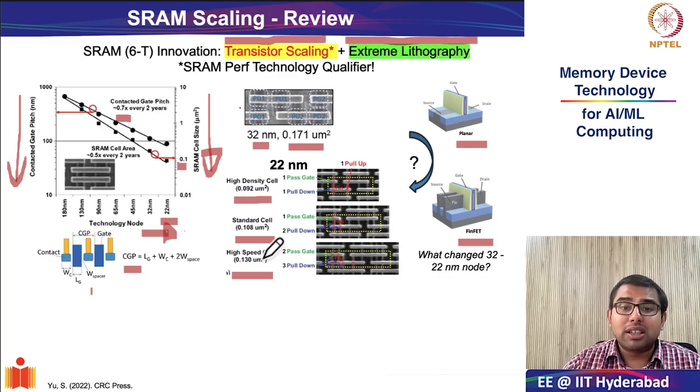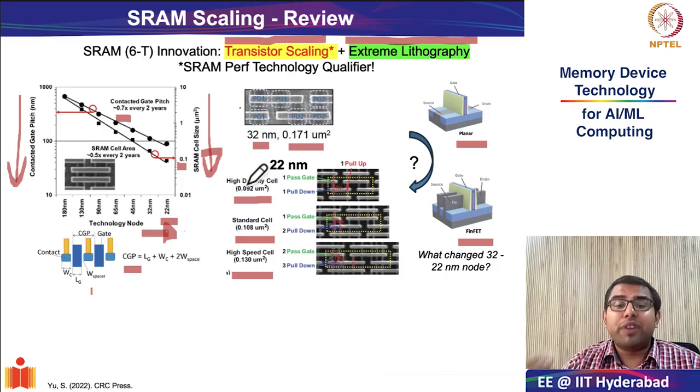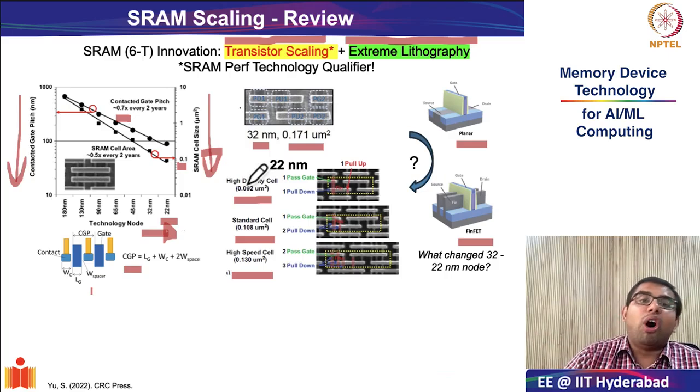A larger number of fins will give you a larger area, but also a larger drive current. So a high speed cell will have a larger area because of larger drive current and smaller parasitics. However, a high density cell will comprise only one or two fins of the FinFET technology, therefore compromising on speed.